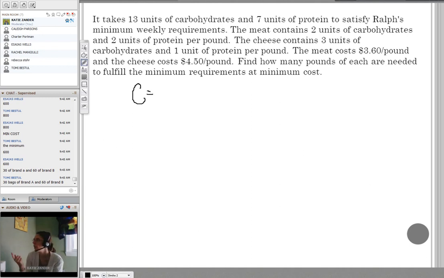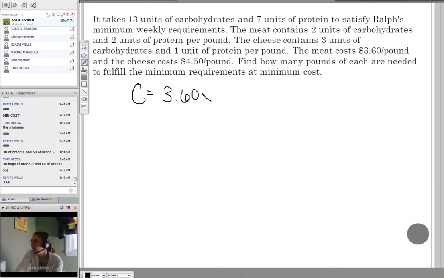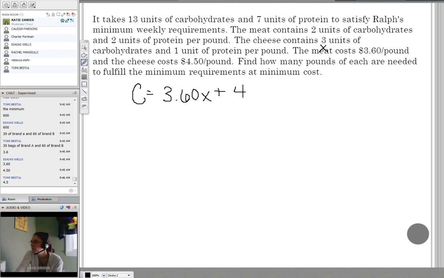So let's start with, I guess, meat, which was the first thing that was introduced. So let's let that be our x variable. How much is the meat? $3.60. And then cheese was the second thing introduced, so we'll let that be our y.